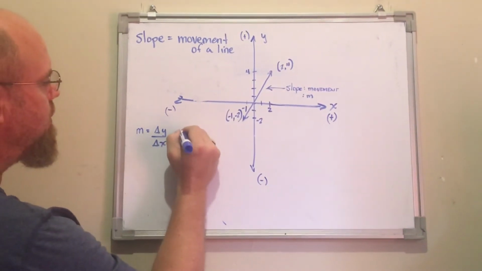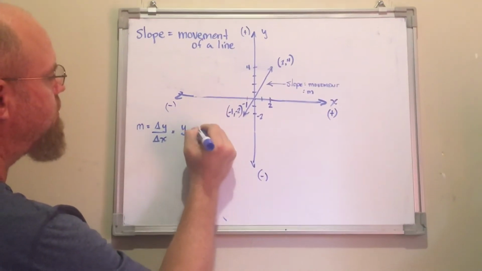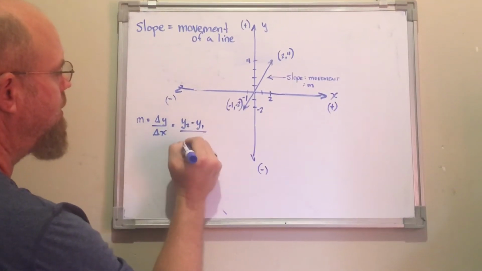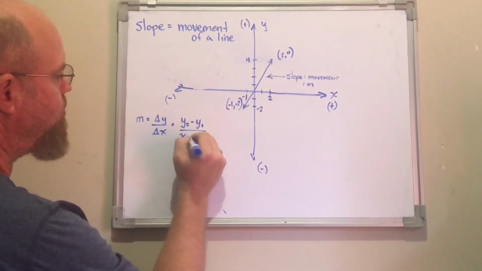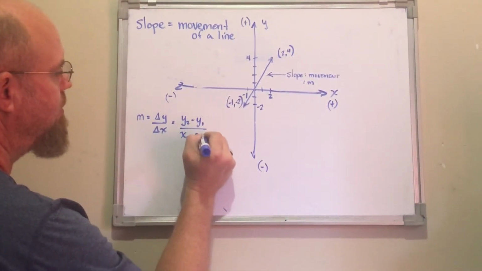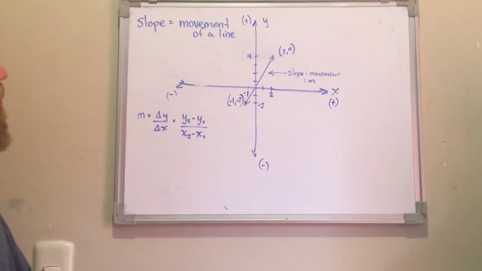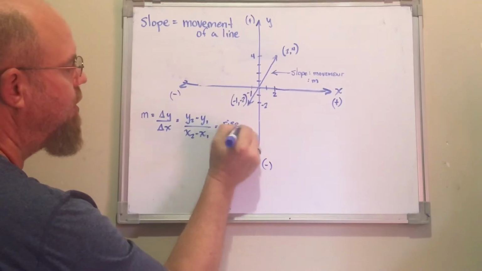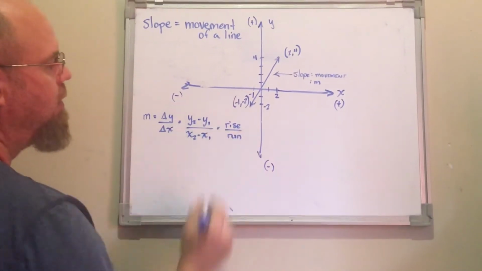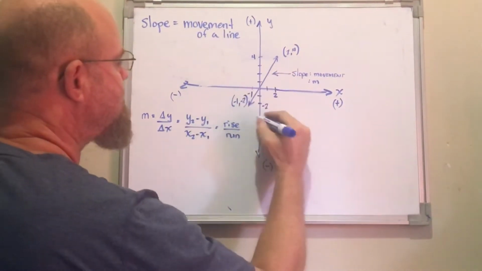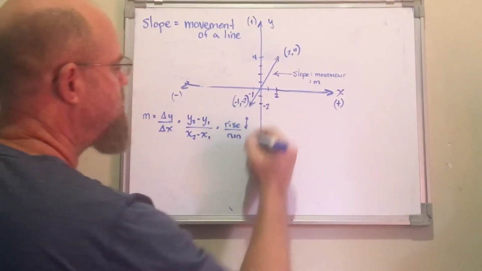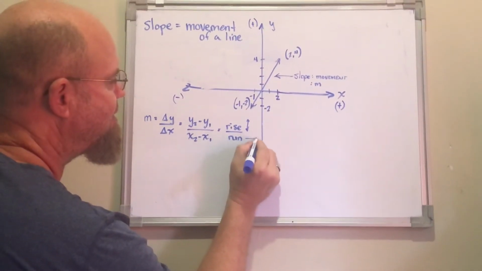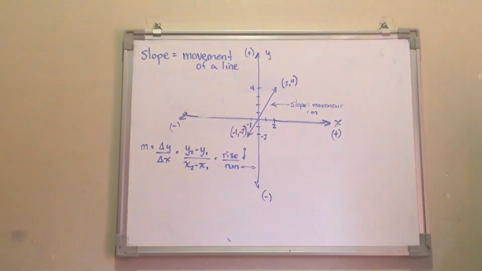So that also equals the y value of point 2 subtracted by the y value of point 1 over the x value of point 2 minus the x value of point 1. Okay? Another way to look at that is rise over run. Okay? Where rise is up and down direction, run is side to side direction.